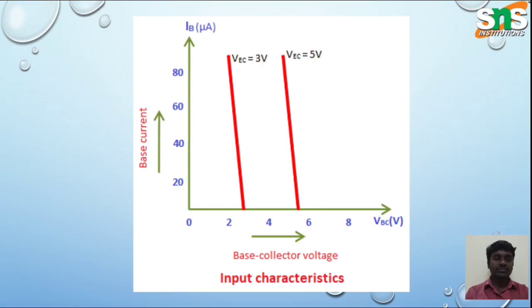The input characteristics come like this. If you increase the voltage, the current will drop suddenly. Likewise for different emitter collector voltages, the same style of outputs will come out.